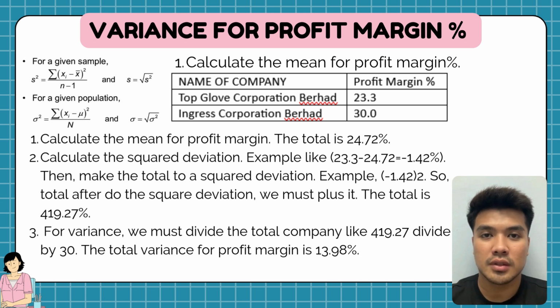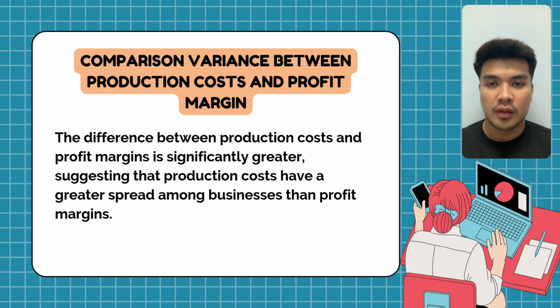So the total is 419.427%. For the last, we should divide 419.427 by 30, and the variance for profit margin is 13.98%.